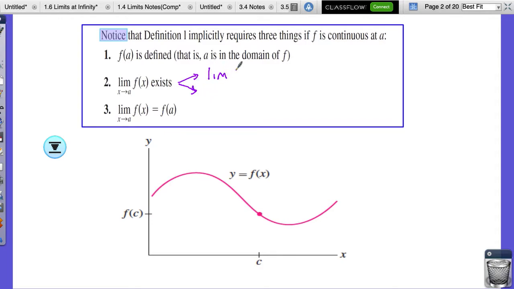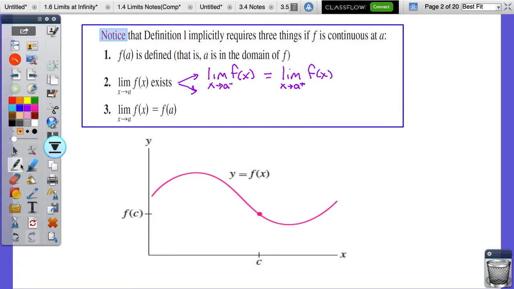The limit of the function as x approaches a from the left has to be equal to the limit of the function as x approaches a from the right. That was what we had to figure out, whether the limit existed. So that's hidden in there, but it's implied.